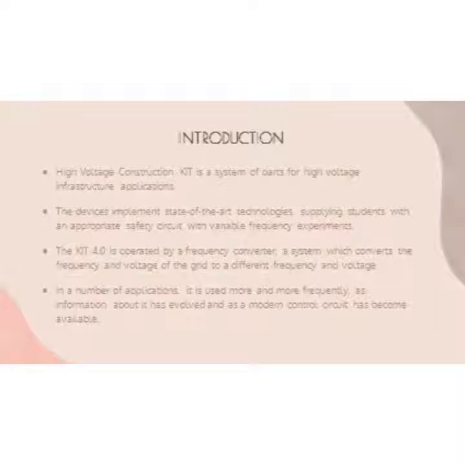For the introduction, firstly, the high voltage construction kit is a system of parts for high voltage infrastructure applications. Secondly, the devices implement state-of-the-art technologies, supplying students with an appropriate safety circuit with variable frequency experiments.